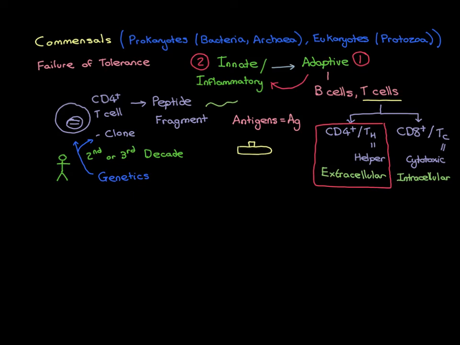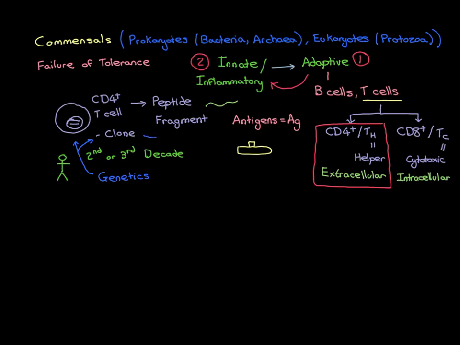In addition, it's not just genetics. Because if it was genetics, then if one identical twin developed inflammatory bowel disease, the other would also have to develop inflammatory bowel disease, and we know that that's not the case. You can have identical twins where one of them has inflammatory bowel disease and the other doesn't, so it's not purely genetics.